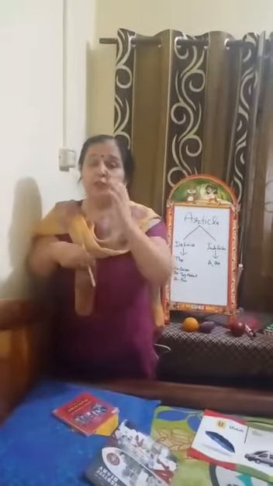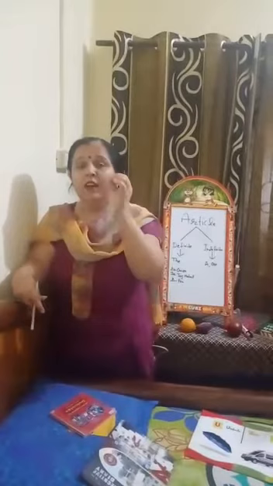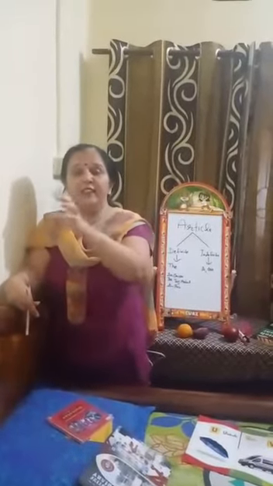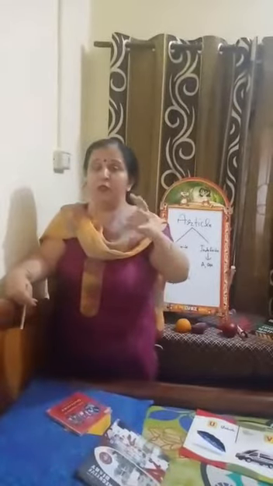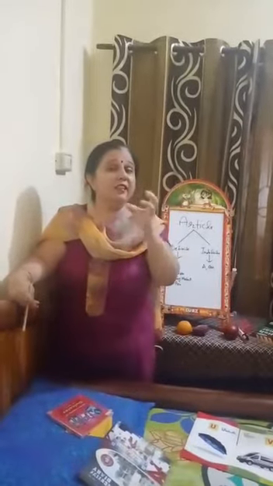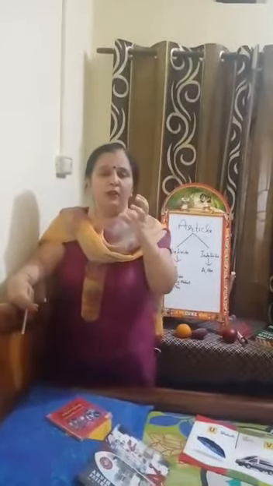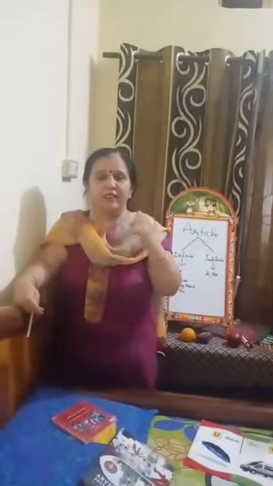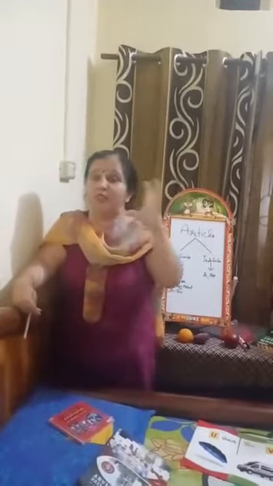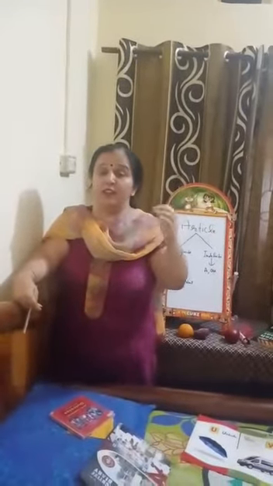H-O-N-E-S-T. You think, ma'am, honest starts with H, so a should be there. No, children. It creates the sound of O. Speak like that. Honest man, honorable person, hour. So what sound are these creating? O sound. So before honest, honorable, hour we should use an.